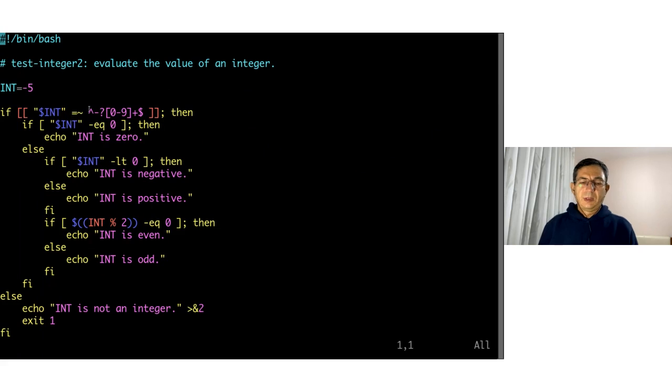So if the content of this variable int is matching this regular expression, then this is a correct number. Otherwise, which is the else part, we are displaying this message, int is not an integer, to the standard error, and we exit the script with exit code 1, which means error.